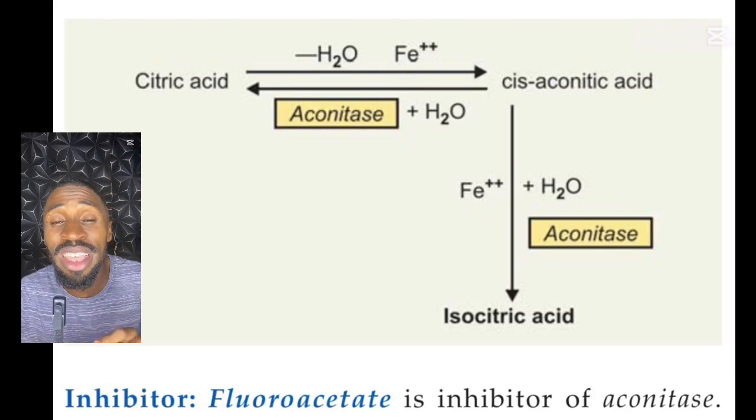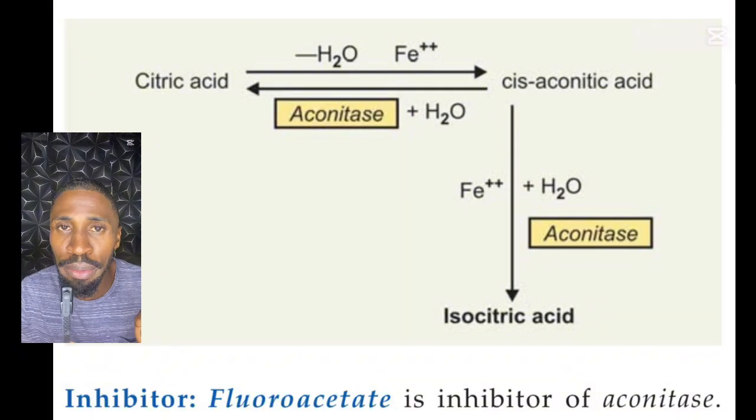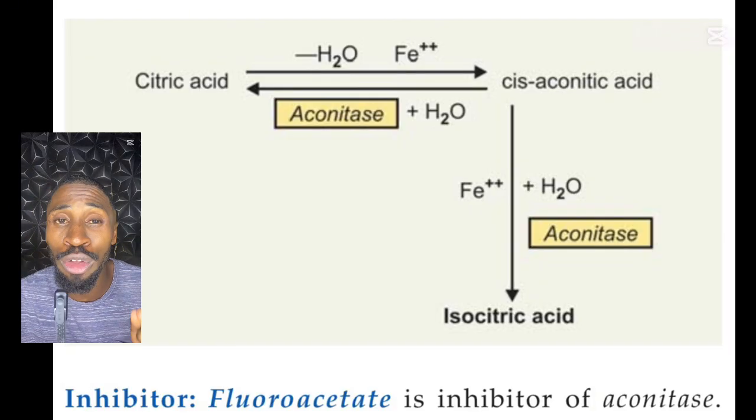Now when it forms cis-aconitate, the next step will add water back to form isocitrate. So you remove water and you add water back. The enzyme here is aconitase. Aconitase can be inhibited by fluoroacetate. We call it rat poison.